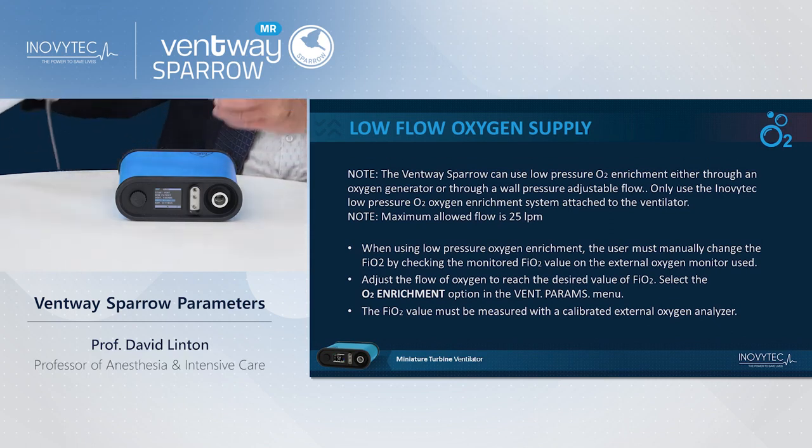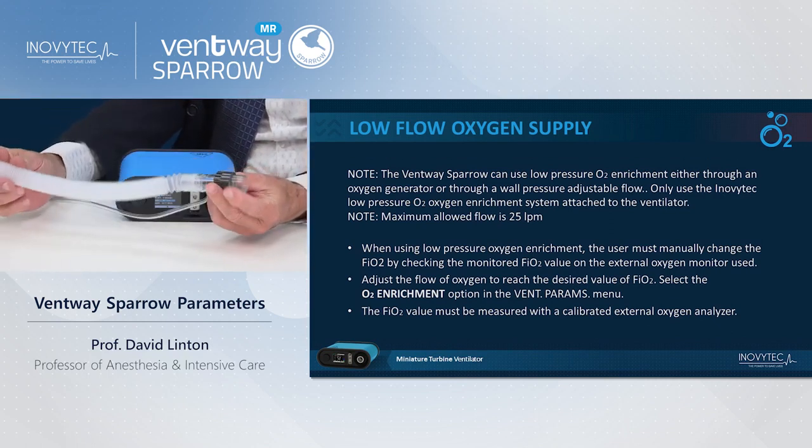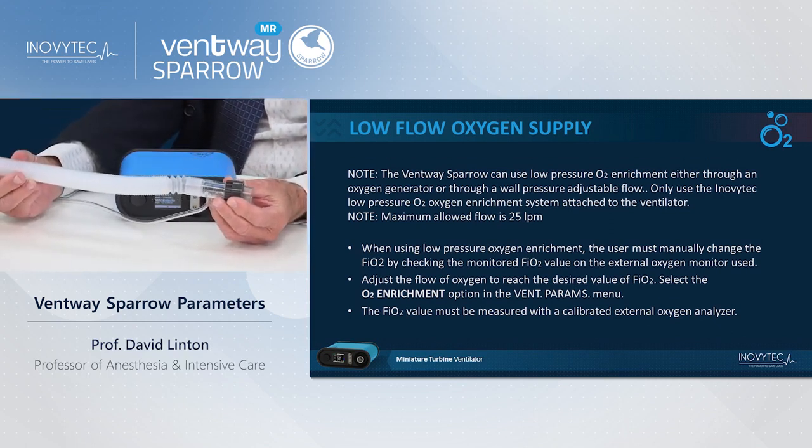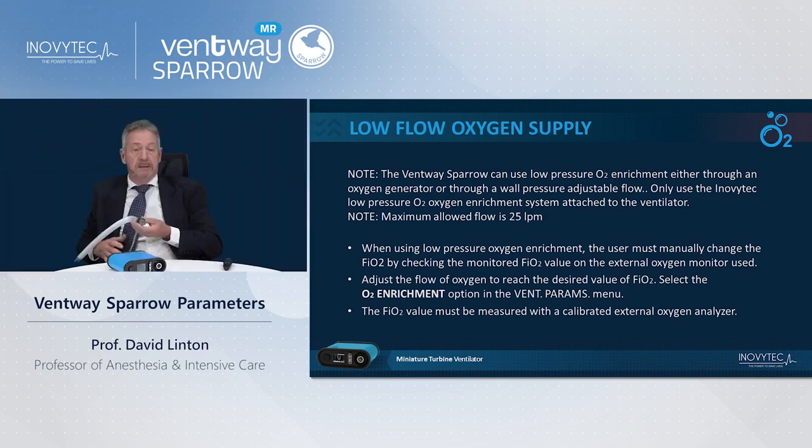Note that you can use a very cleverly designed oxygen reservoir tube which connects to the input of the ventilator, delivers low flow oxygen, and at 1 or 2 liters a minute, you can get the inspired oxygen concentration, if the patient's being ventilated by 3 or 4 liters a minute, to up to 50%. Very low oxygen consumption, which is perfect for long distance traveling.